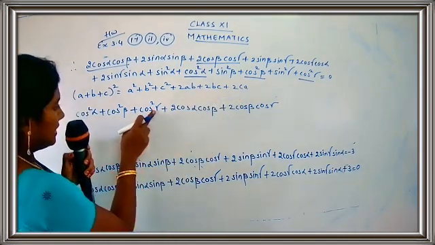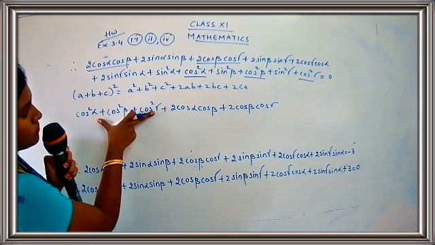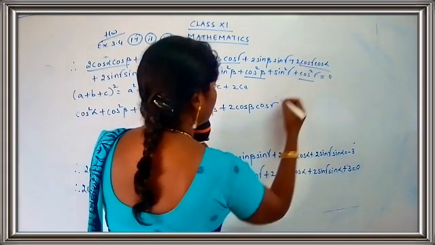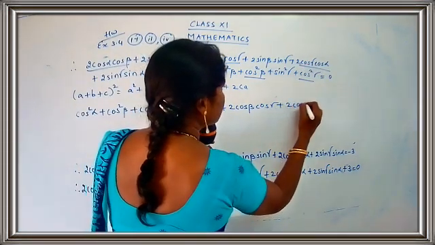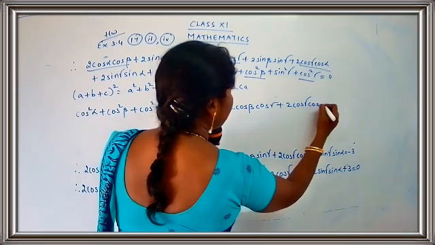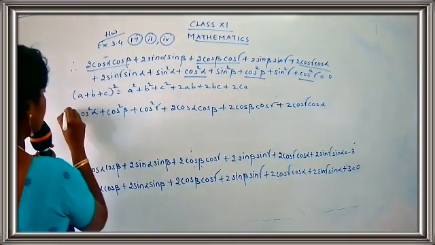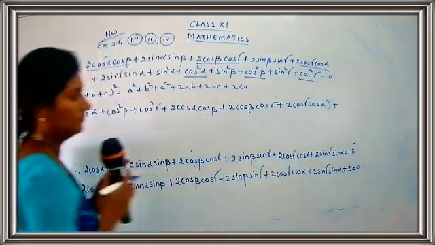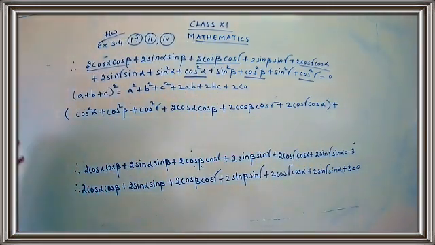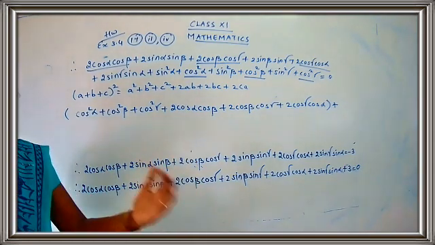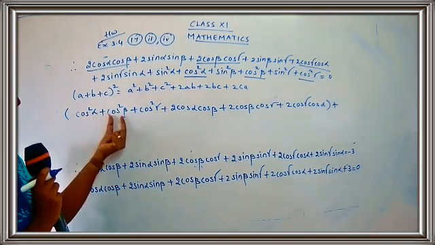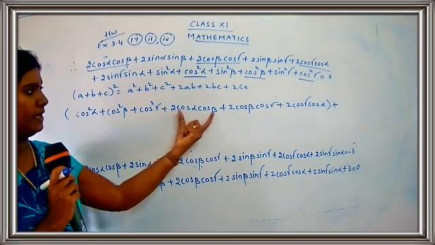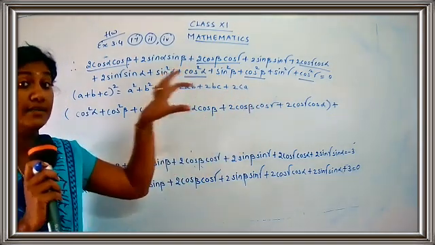CA means gamma and alpha. It's here. Plus 2 cos gamma cos alpha. So this is one part. So we have total 12 terms. So we are just going to group it as 6, 6. So A square plus B square plus C square plus 2AB plus 2BC plus 2CA. This is in terms of cos.